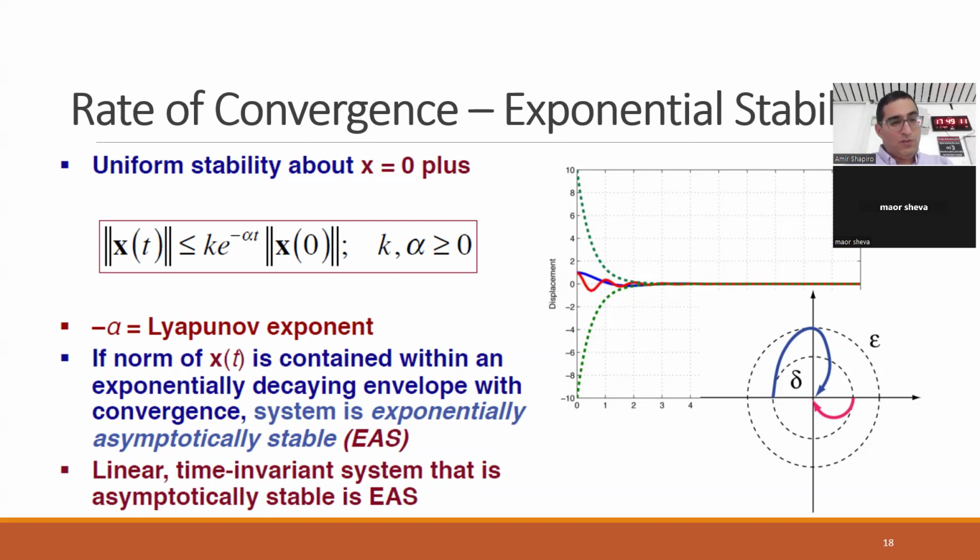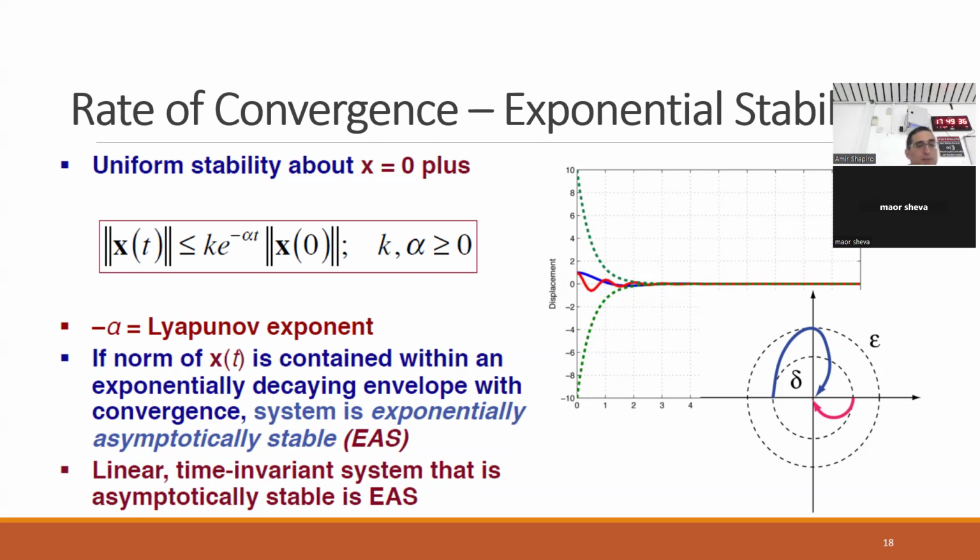If the norm of x of t is contained within an exponentially decaying envelope, the system is exponentially asymptotically stable.